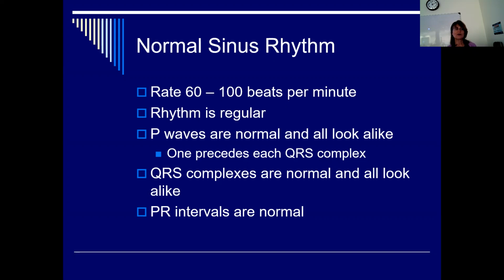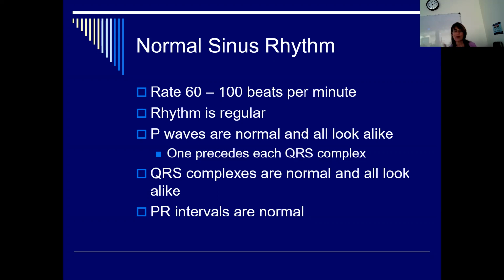So a normal sinus rhythm tells us that the rate will be between 60 and 100 beats per minute. The rhythm will be regular, so the distance between all the R waves will be the same. The P waves are normal. They're all going to look alike. You're going to have 1 P wave before each QRS. When we start getting into arrhythmia, sometimes you see 2 P waves before you see a QRS.